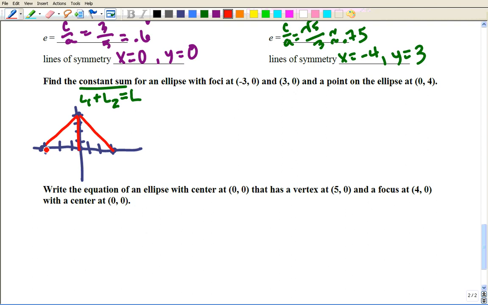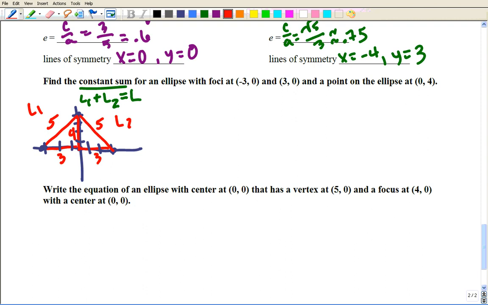If I draw those in, here's a right triangle, and here's a right triangle. If this is 0, 0, then this side has a length of 3, so does this one. Vertically, that has a length of 4 for either one. Well, this would be a 3, 4, 5 triangle. Or you could use the Pythagorean theorem, a squared plus b squared equals c squared. So the outside edge, we have a 5, so that could be L1.